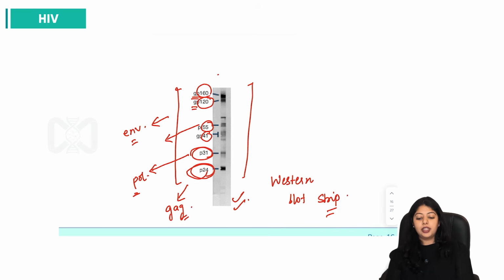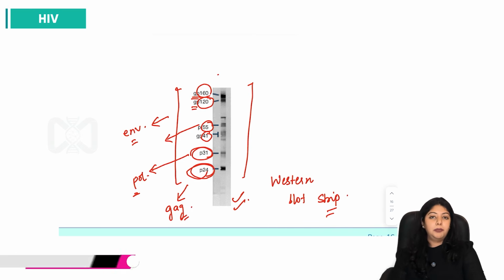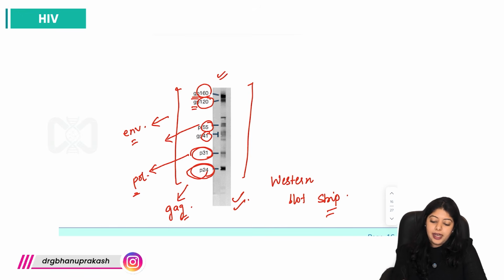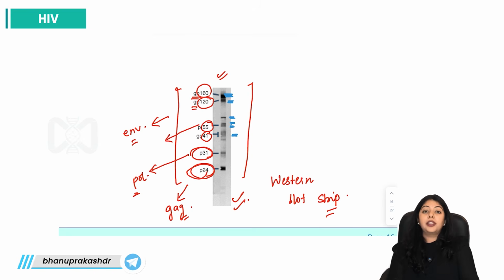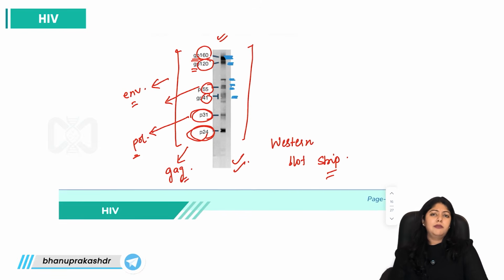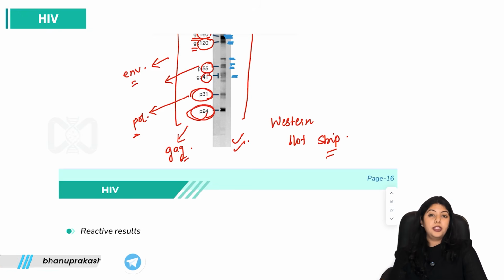So these are the structural genes, and if the patient's serum is positive for HIV, these will be present as darkened bands. There will be darkened lines corresponding to those antigens, right? So now you might get all of these bands as positive, and at times, if the patient is HIV positive, it can just be present at one particular location.